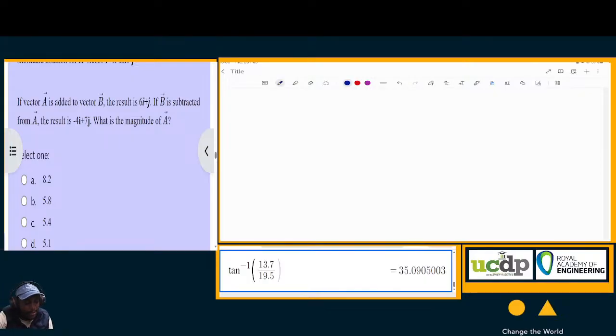So we're looking for the magnitude of vector A. We're being told that the sum of vector A plus vector B is equal to 6i plus j.